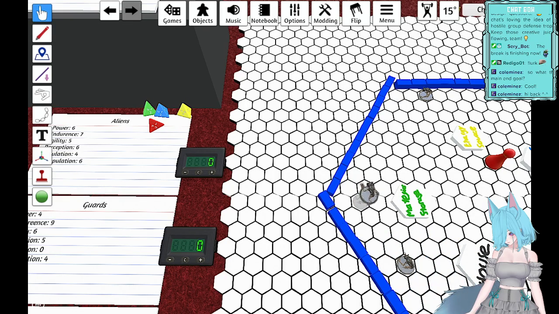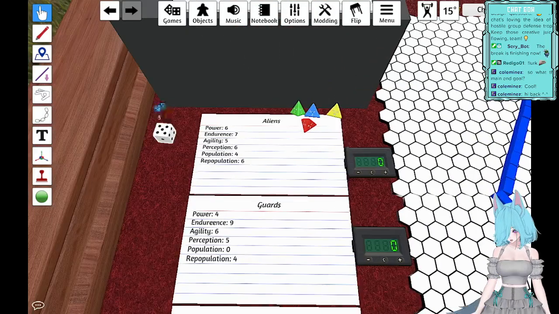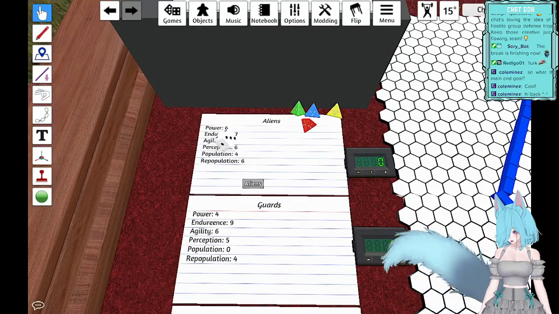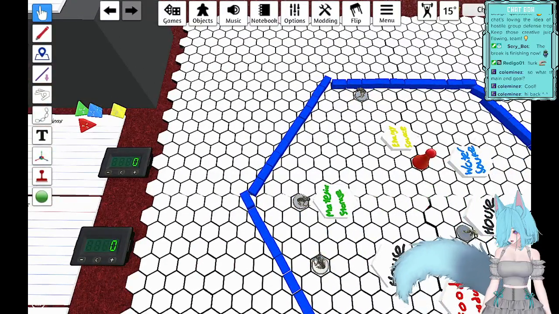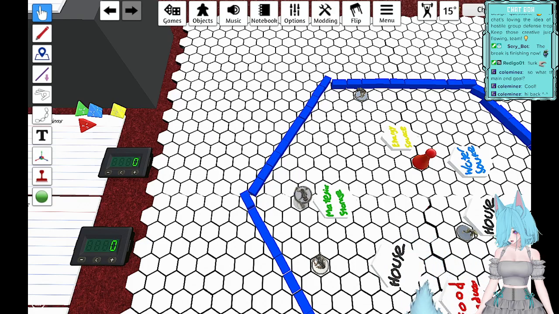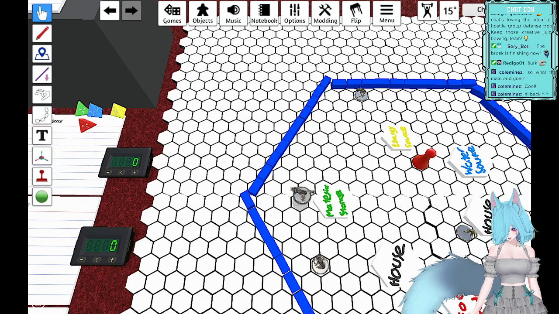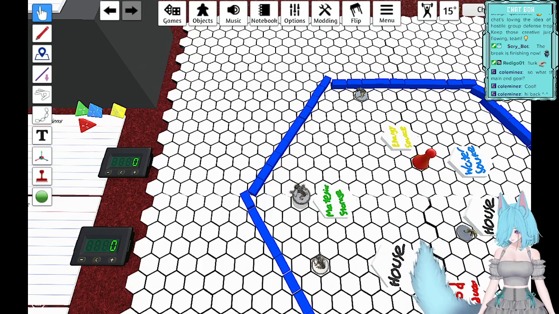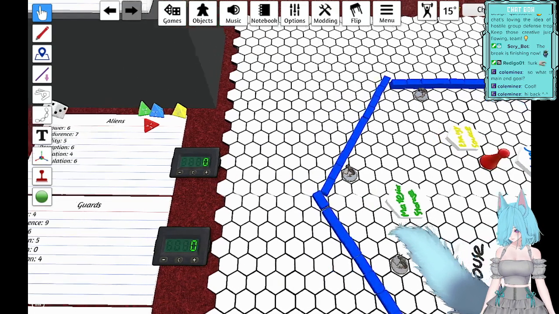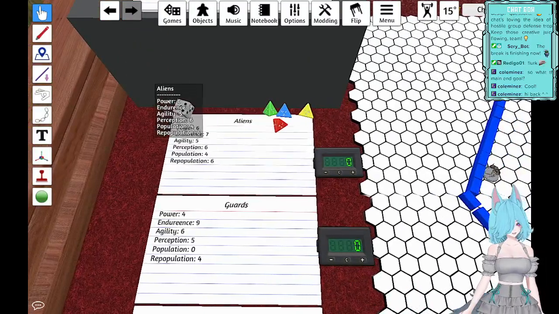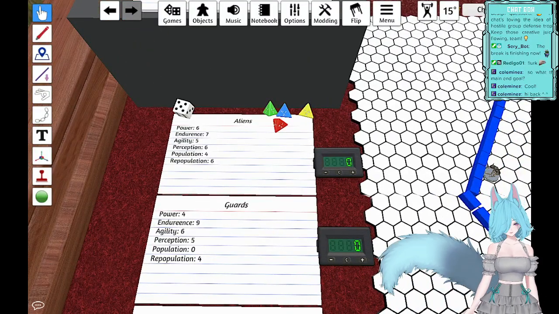You move one over here, and find that you walk against another wall. One, 2, 3, 4, 5. I feel like this alien is very confused. This is a very confused alien.